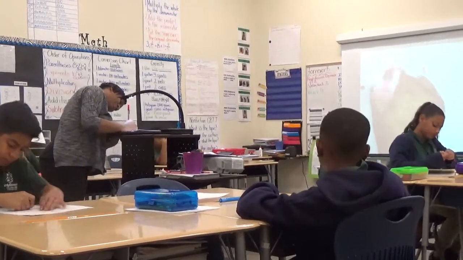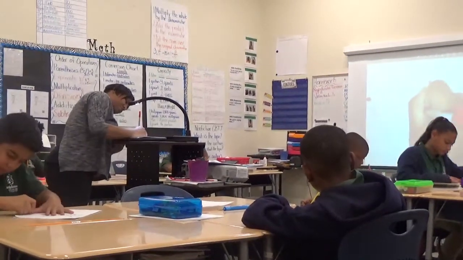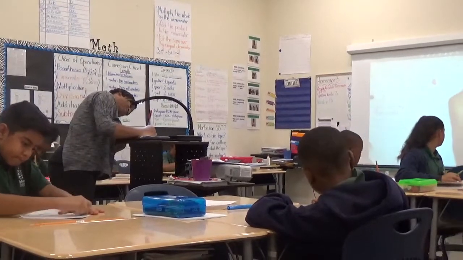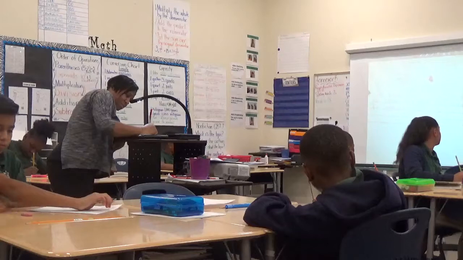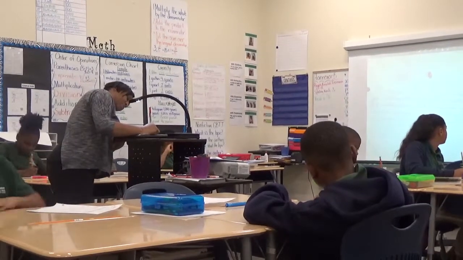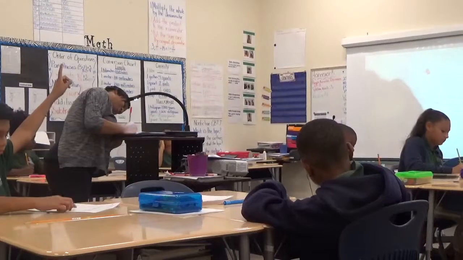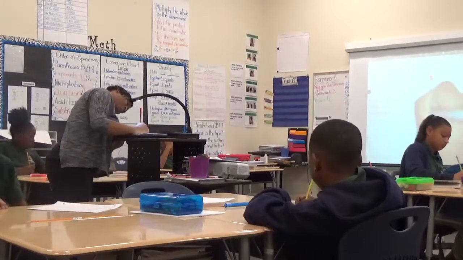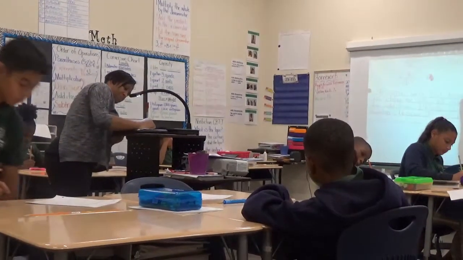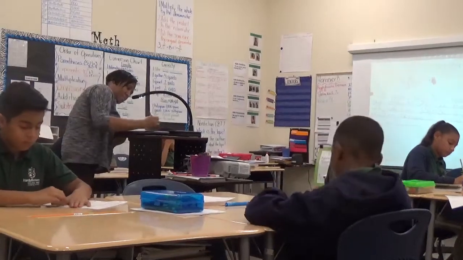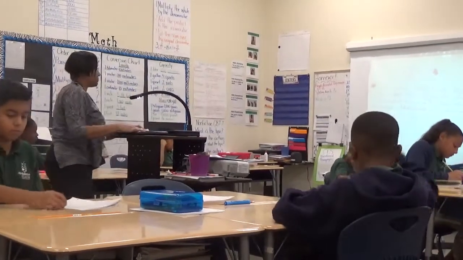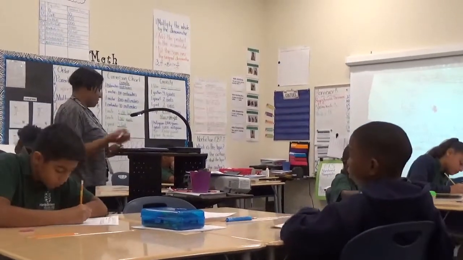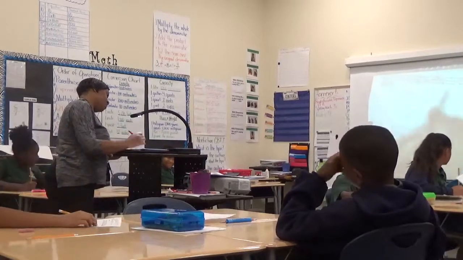In addition, 240 divided by 30 is a compatible number, because I know 24 divided by 3 is 8. So there were two different reasons why 240 divided by 30 was easier, or was a more reasonable choice.